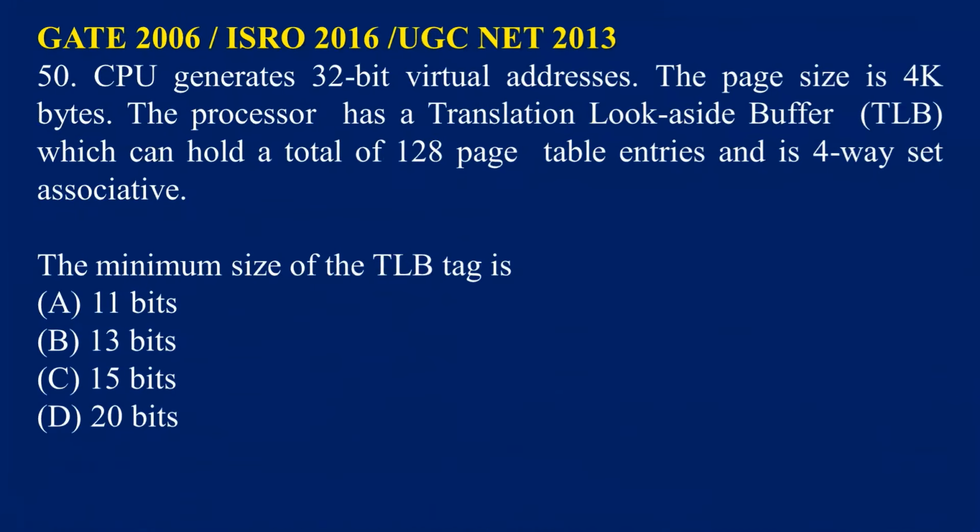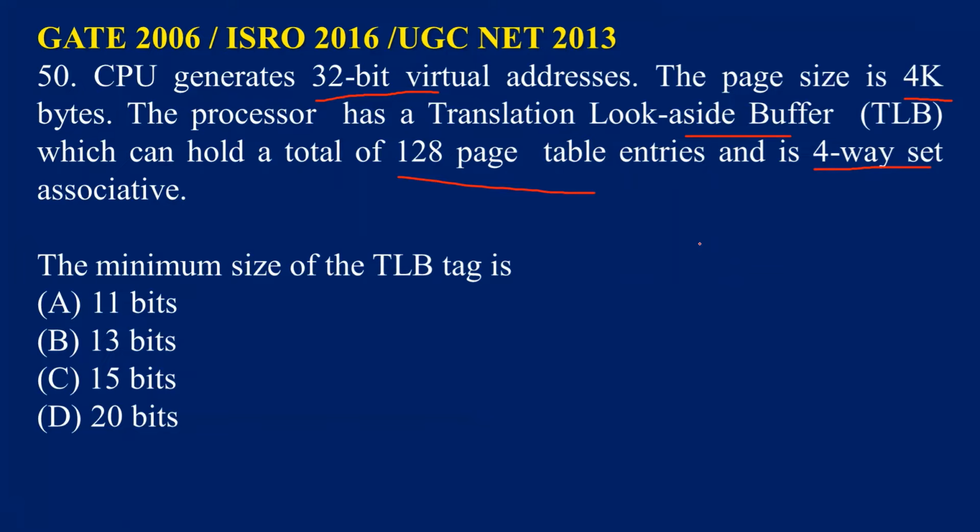The last question is question number 50 in the KSET 2020 question paper. It was also asked in GATE 2006, the ISRO exam, as well as in the UGC NET examination. The question is, the CPU generates 32-bit virtual addresses. The page size is 4K bytes. The processor has a TLB, translation look aside buffer, which can hold 128 page table entries and is 4-way set associative.